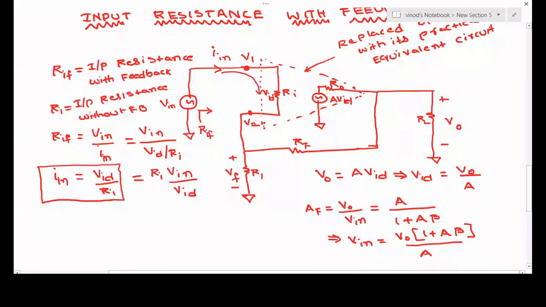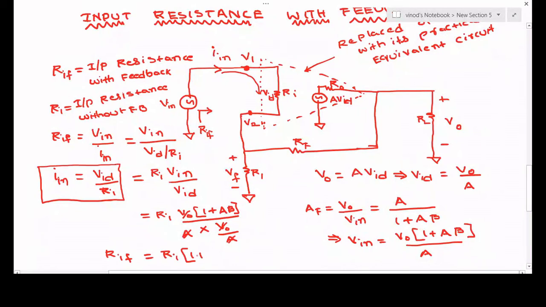A will get cancelled and V naught will get cancelled. So RIF is nothing but RI into 1 plus A beta.